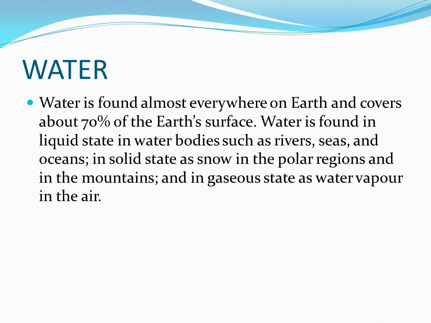So our earth is covered with 70% water. Water is available in different forms such as rivers, seas and oceans, and in the polar regions it is present in the form of snow.